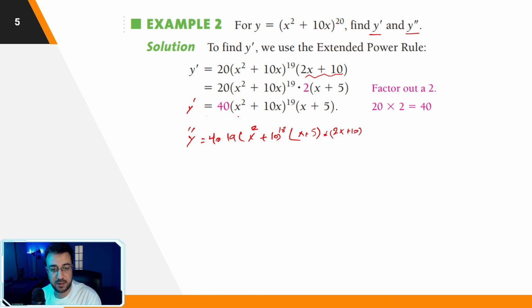You see here, these are two functions, by the way. So what you do in the derivative of two functions, you derive the first by the second as it is, what we did here, then plus, you derive the second, the derivative is 1, multiplied by the first as it is, which is x squared plus 10x to the power of 19. And that would be your final solution for the y double prime.